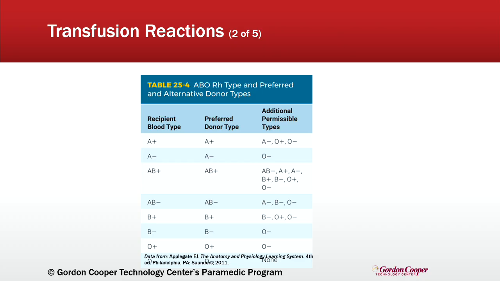While there still is that risk of the Rh factor, the plus or negative on the blood type, and the risk of a reaction with that, recent studies have shown that risk to be relatively low, and the reaction is not as severe, meaning the Rh factor issue with type O blood can be managed.